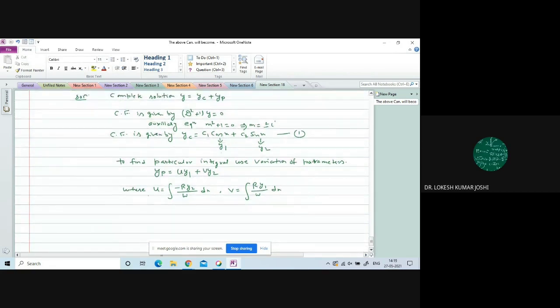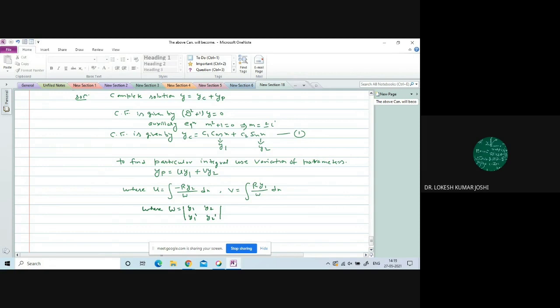Just write this term, where w equals the determinant of y1, y2, y1 dash, y2 dash. Just find this value and substitute it in the denominator.